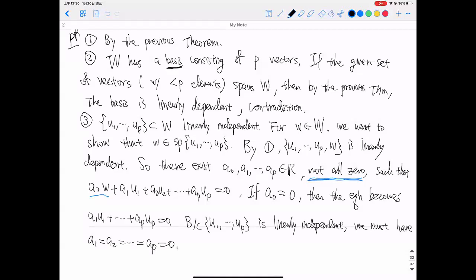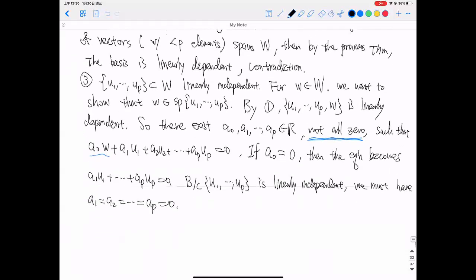So, A0 is already assumed 0, and now all the other A's are forced to be 0, but the A's are not supposed to be all 0. So this is impossible. Therefore, we must have A0 not being 0.